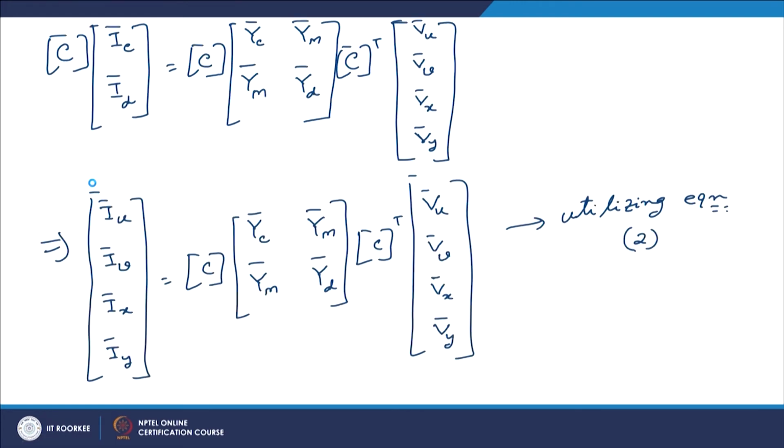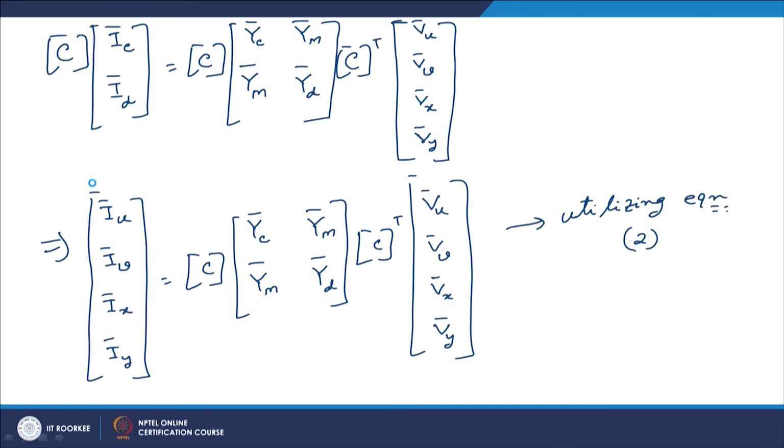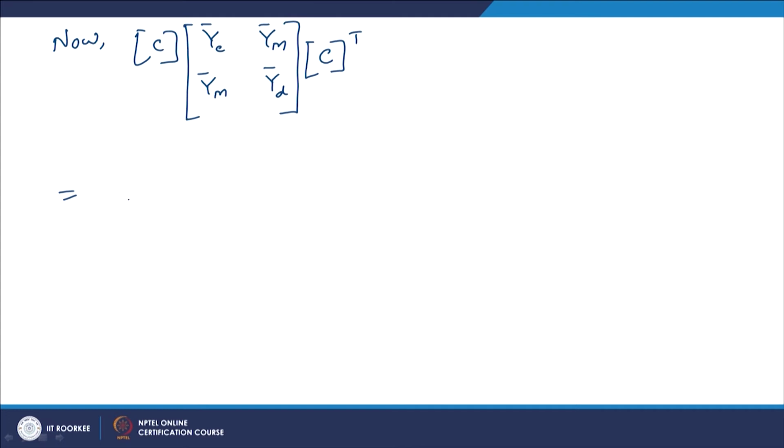So, let us look at C into YC YM YM YD into C transpose. C matrix is 1 0 minus 1 0, 0 1 0 minus 1.